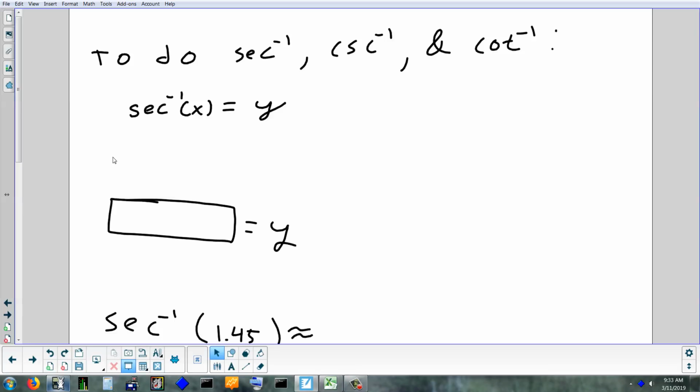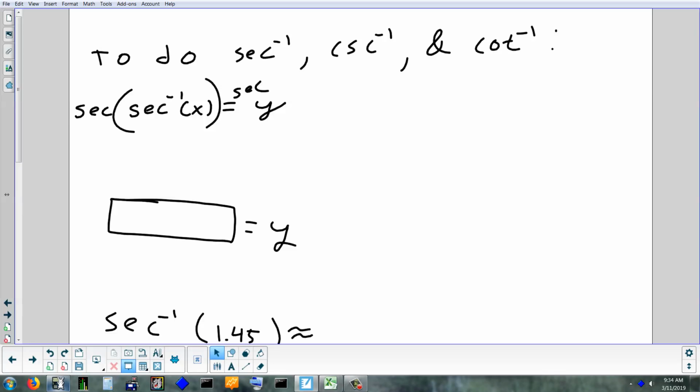Alright, I want to start by canceling out inverse secant. So what function is the opposite of inverse secant? Close, you're thinking of something else, but we're going to come back to that. Someone else said it. Secant, yes. So what I'm going to do is I'm going to take the secant of what's on the left.